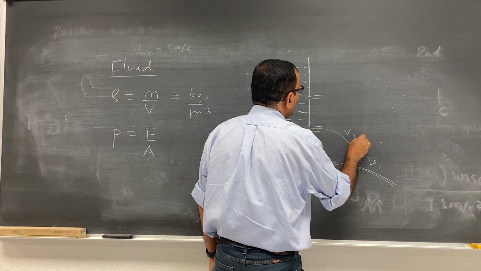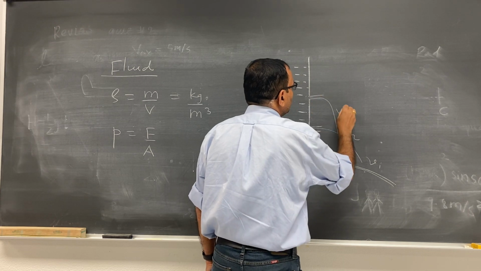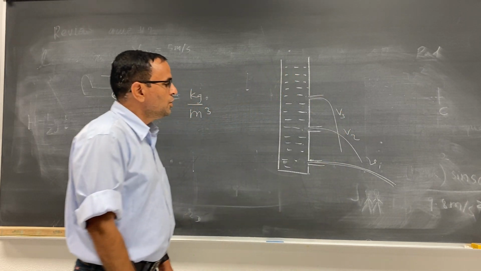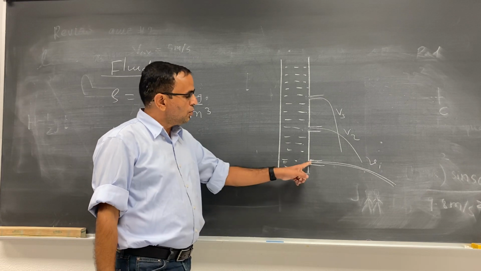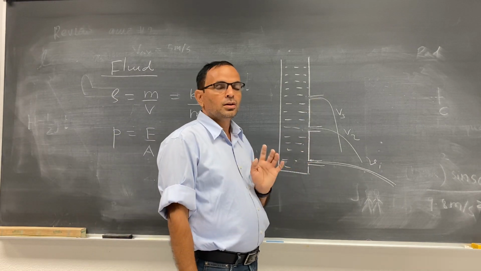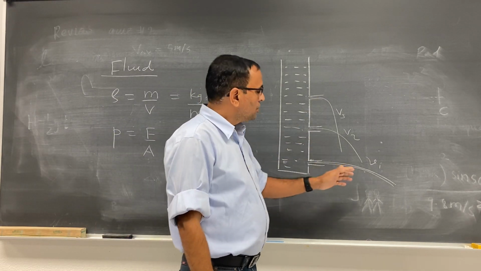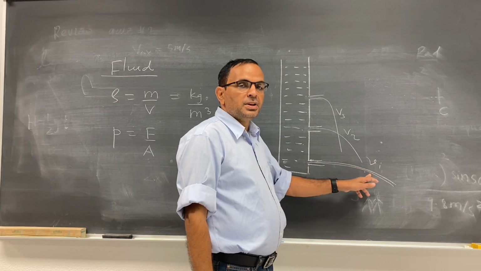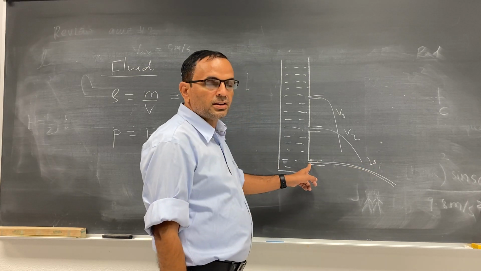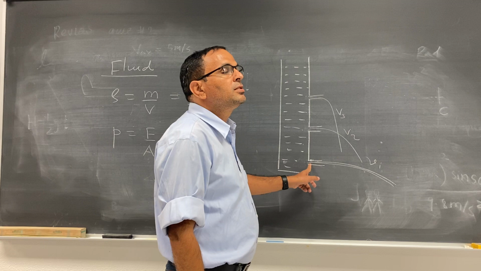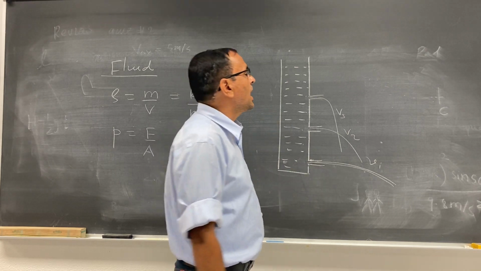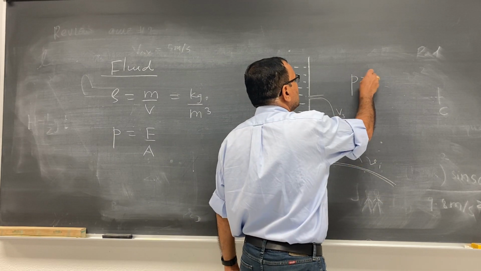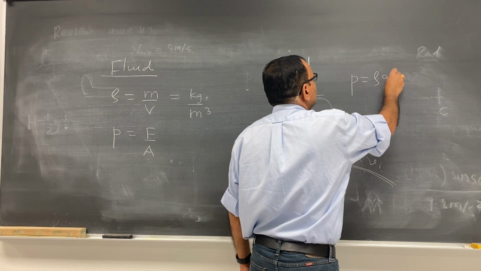This is V2. This is V3. So which is greater, V1, V2, V3? The speed of water from here, from there, and from here. Which is big? Of course, V1 is the biggest, the bottom one, because the pressure depends on height. There is another formula. Pressure is equal to rho g h.